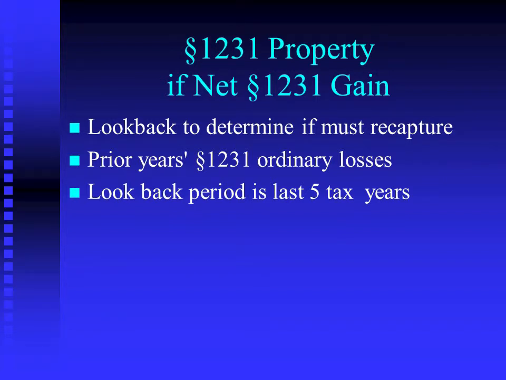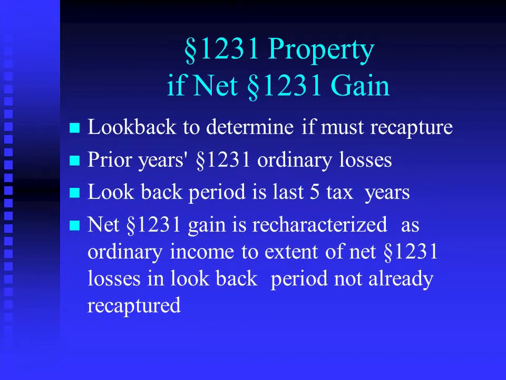And when you look back or carry back, you always go to the oldest year first. All right. So the net 1231 gain is recharacterized as ordinary income to the extent of the net 1231 losses in the look back period that have not already been recaptured. And this is a lot simpler than all those words are.